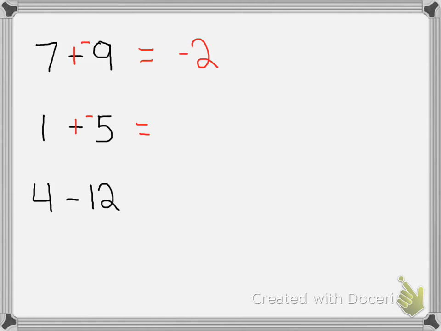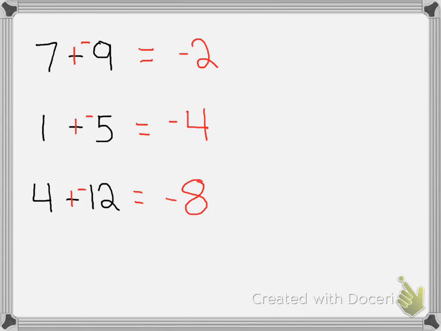The difference between 1 and 5 is 4, and 5 is bigger than 1 because 5 is negative, so I'm going to make my answer negative. And lastly here I have 4 minus 12, which I'm going to change into 4 plus negative 12. The difference between 4 and 12 is 8. 12 is negative, so my answer will be negative.